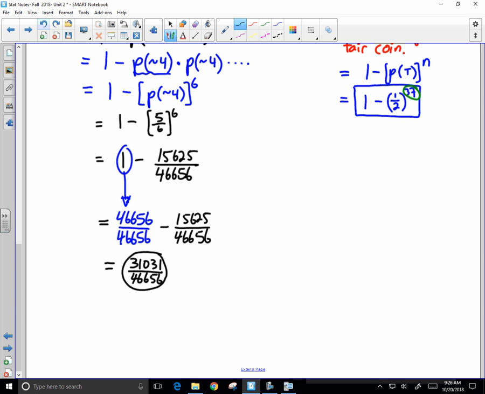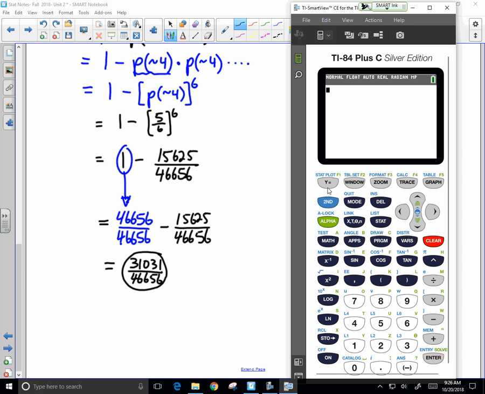All right. So let's see if the calculator can handle it if you use the right function, the alpha y equals. So 1 minus, I'd go back to this one. I wouldn't do any of this stuff if I'm trying to do it on the calculator. Alpha y equals n over d, 5 over 6, close them up, and raise it to the power.